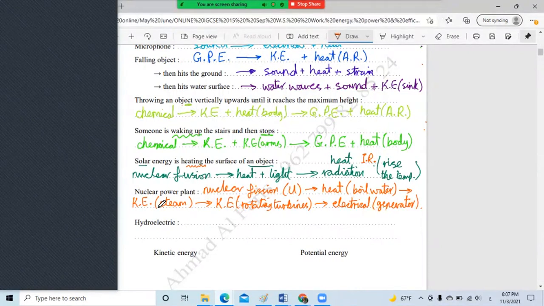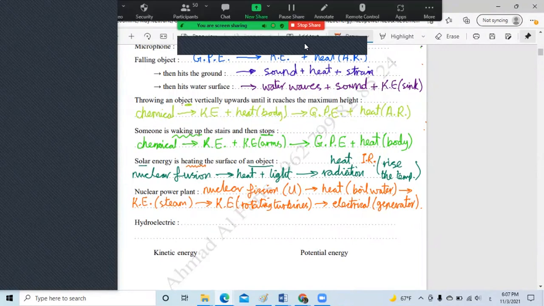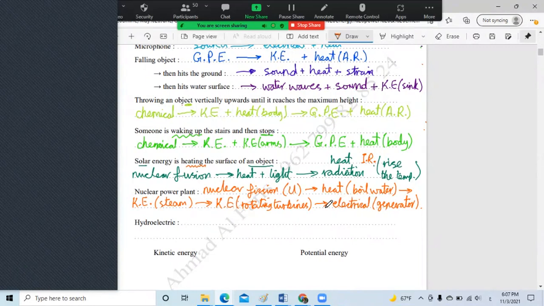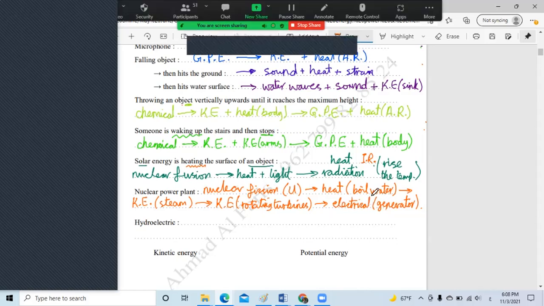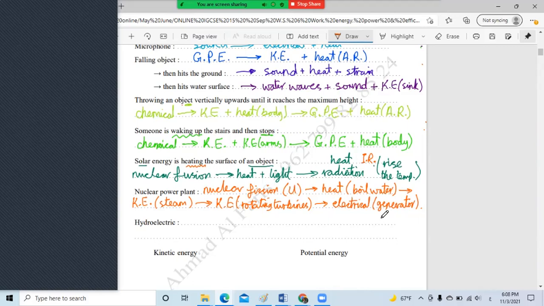And through these pipes, we have turbines that rotate. We are still talking about kinetic energy. And eventually, we use these rotating turbines to rotate generators to produce what? Electrical energy. Now, all this process is not 100% efficient. A lot of energy is wasted, a lot, as infrared. IR is infrared. We are going to explain when we talk about thermal physics.